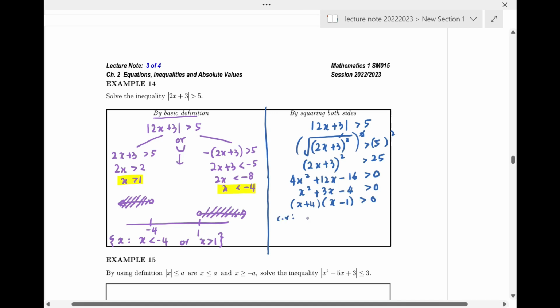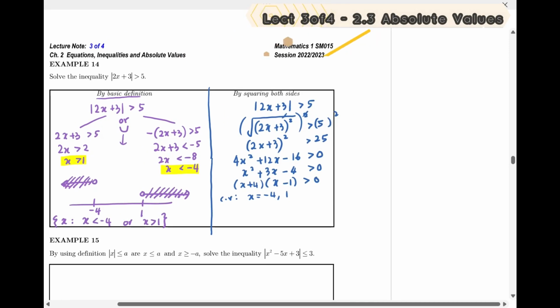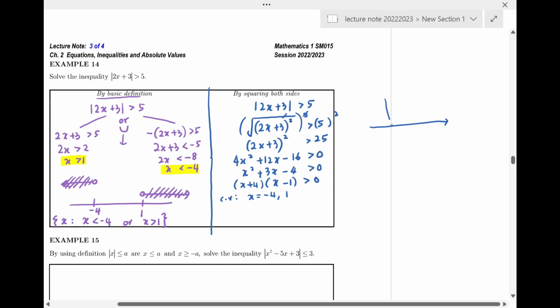The critical values again are negative 4 and 1. Now I'm going to sketch my quadratic graph, the smiley one, and then we have here negative 4 and 1.